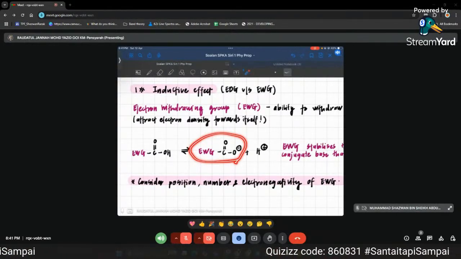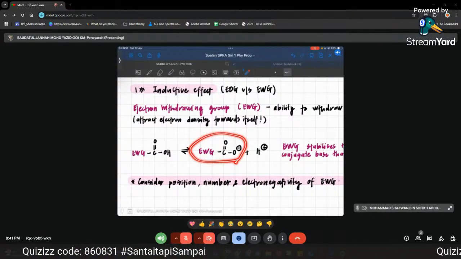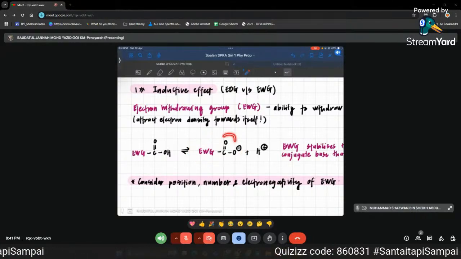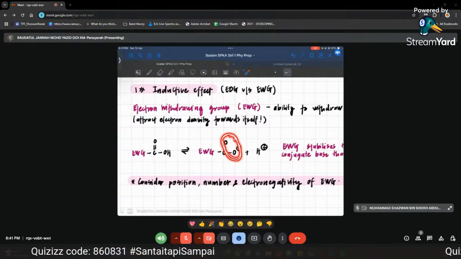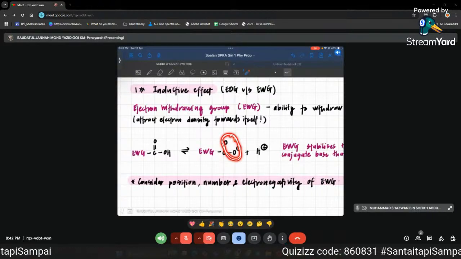Anything that can stabilize your conjugate base will help during the dissociation process. So why is this important? Because when you have a lot of electron density here, electron density means you have a very reactive compound. Okay, the more electrons gathered at one place, the more reactive the compound you have.